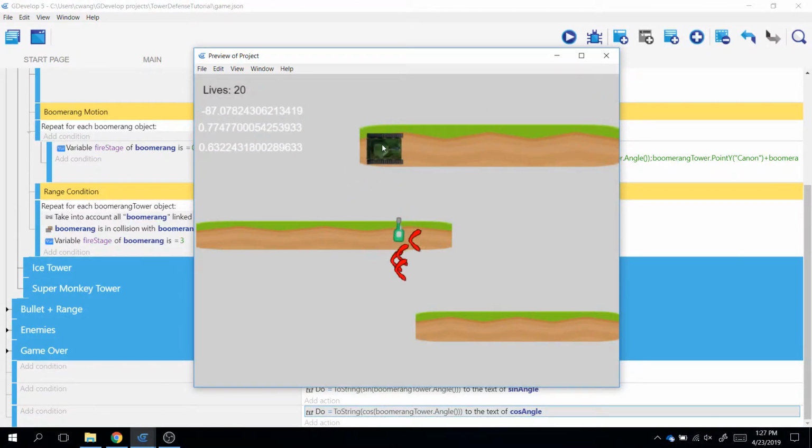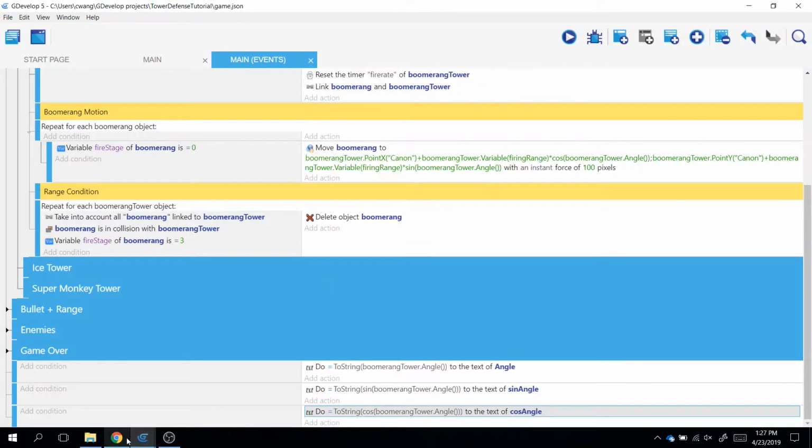So cosine of this should be 0, but it's about 0.63. This should be positive 1, but okay, pretty close to positive 1. But why has it suddenly become negative all of a sudden? It's not right. Why is it changing like this? It's obviously not correct. Well, maybe I missed something.